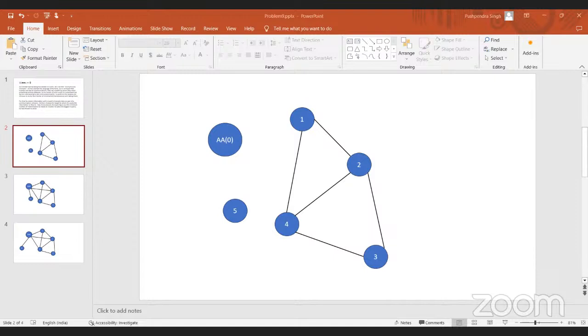Let's call A 0 every time. So 0 to 2, 0 to 4, because that is what we have represented here, that the 0th node would share information with the nodes 1, 2, 4, and 5 within the communication network. So you create these edges.